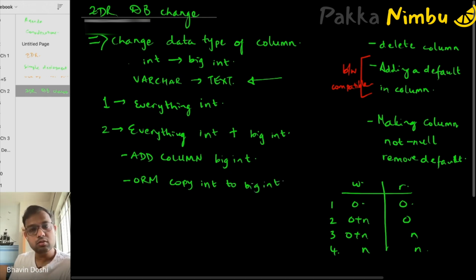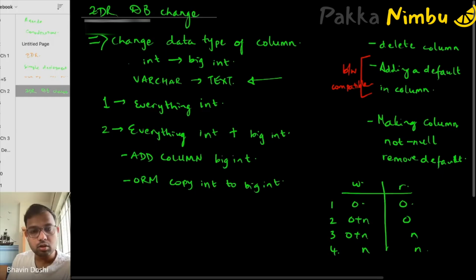Is this making sense? Yes. You add a column and you copy the int to bigint, and if you deploy this, reading we haven't changed. Everybody reading is just reading int. Int तो था ही पहले से.